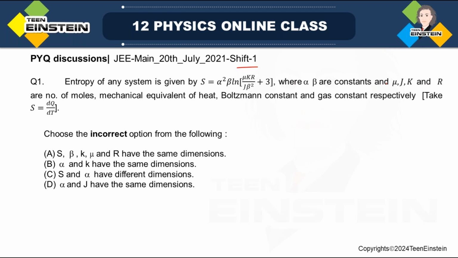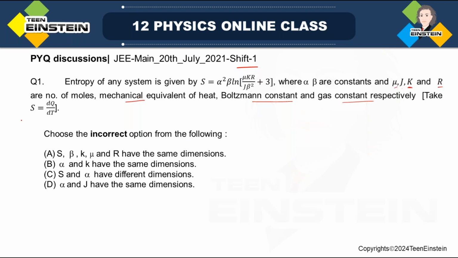Mu, j, k, r: mu is moles, j is mechanical equivalent of heat, k is Boltzmann constant, and r is gas constant respectively. And S I have to take as dQ by dT. Then we have to choose the incorrect option from the following. We have to see which one is incorrect.